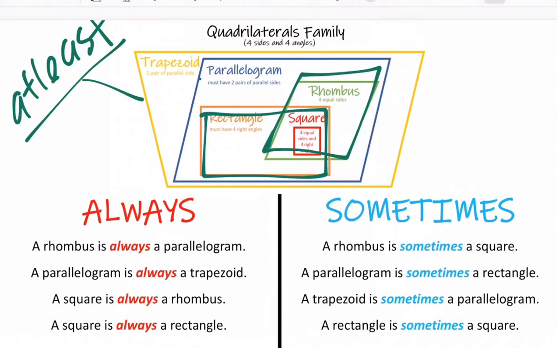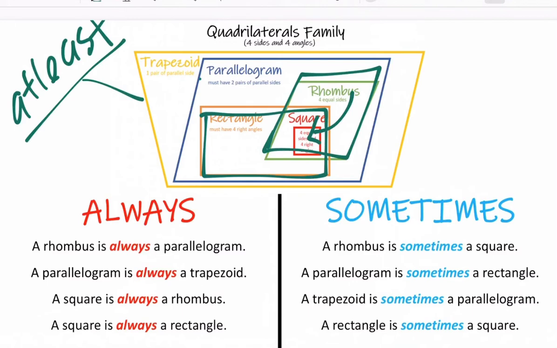A rhombus is sometimes a square, so it's kind of going in the opposite direction. A rhombus could also just be a rhombus, with angles anywhere in between those that it can change into.